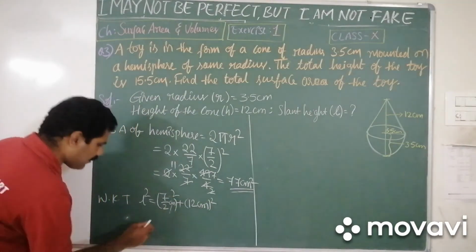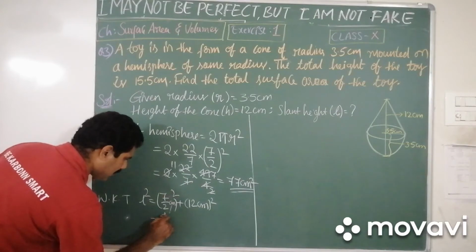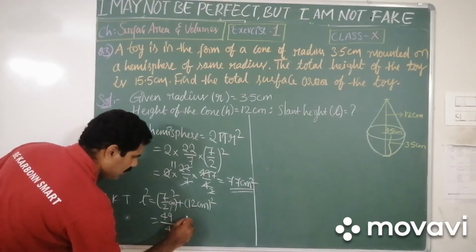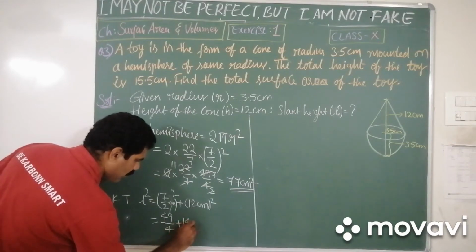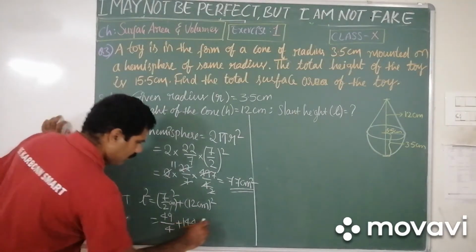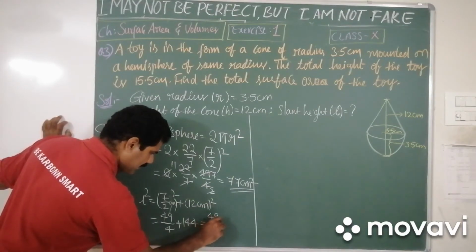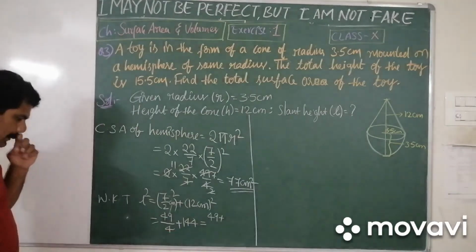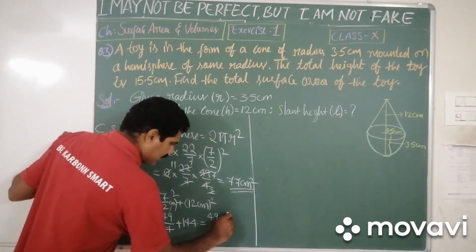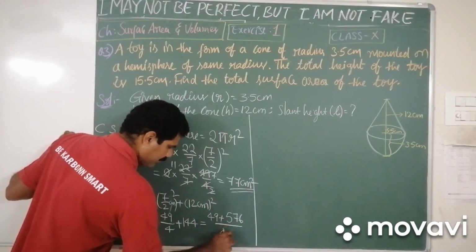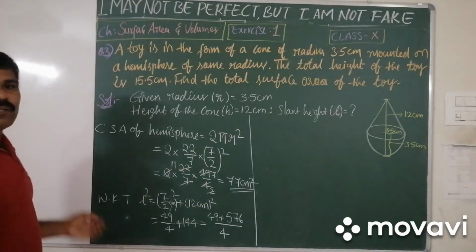Okay. So this can be written as 49 by 4 plus 12 square, that is 144. This can be written as 49 plus 144 into 4, that is 576, by 4. 576 by 4.